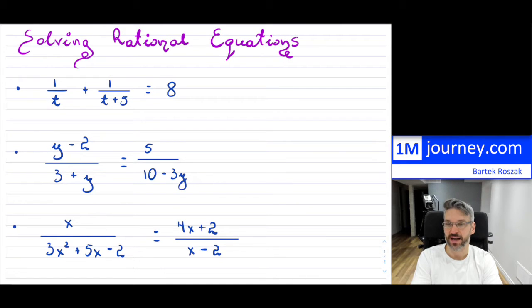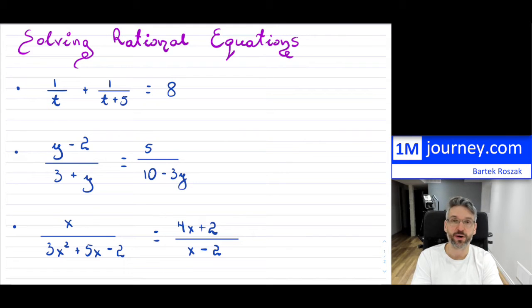So in our first example, whenever we're dealing with rational equations, we always have to think: for certain values, the solution just won't work, because we don't want the answer to be undefined, making our left-hand side or right-hand side undefined.